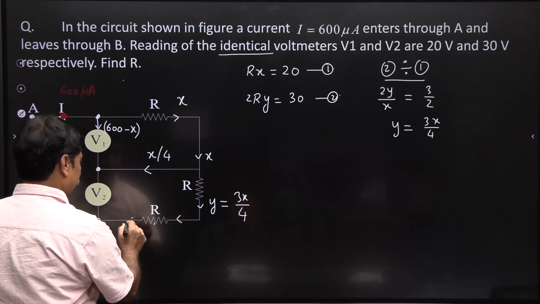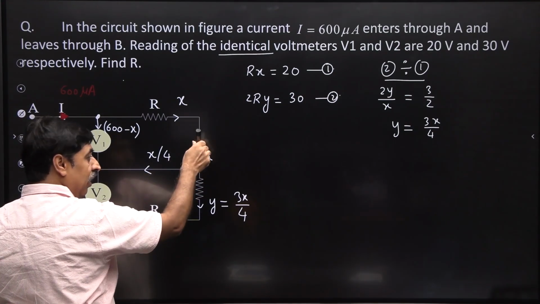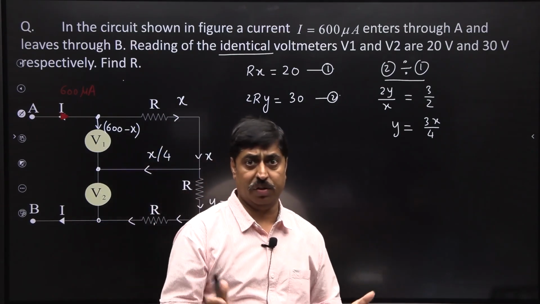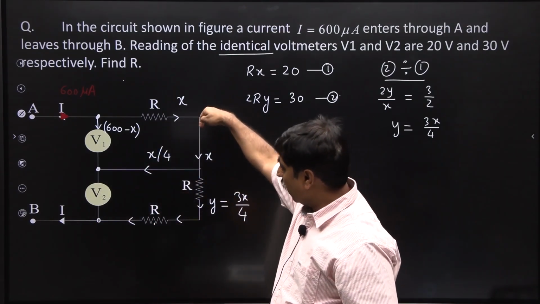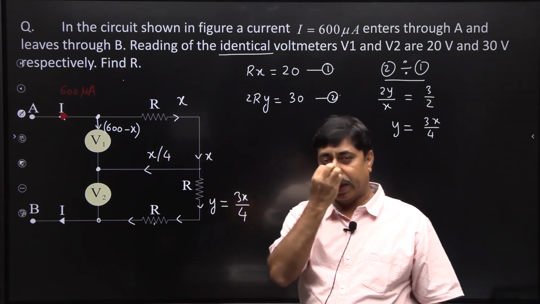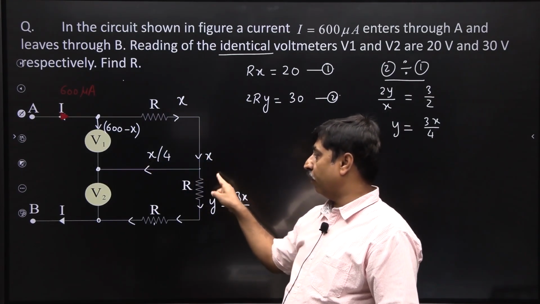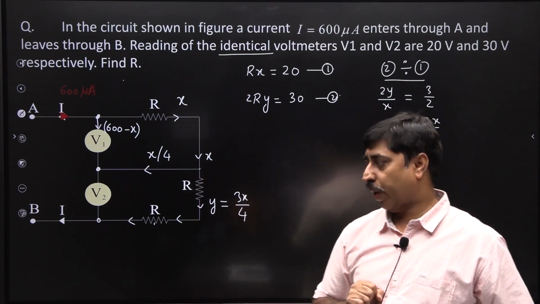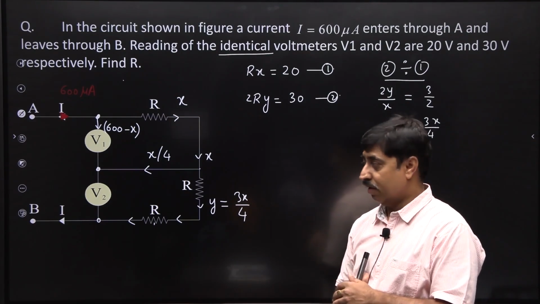So, the total current that is flowing towards this junction must be equal to total current that is moving out of that junction. Therefore, if X is the current going towards this junction, total current going out of this junction must be X. If this is 3X by 4, this has to be equal to X by 4. Okay. So, this much is clear, I guess.